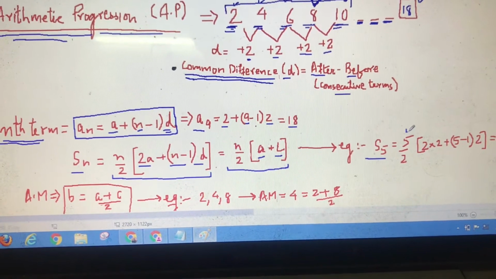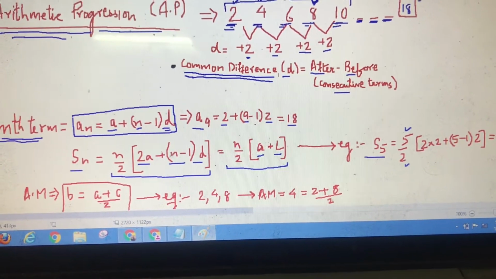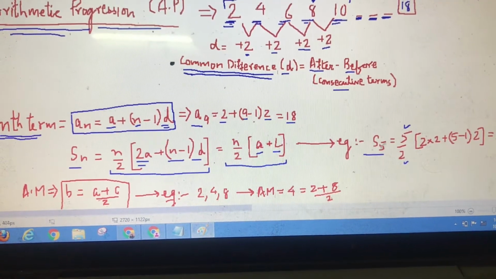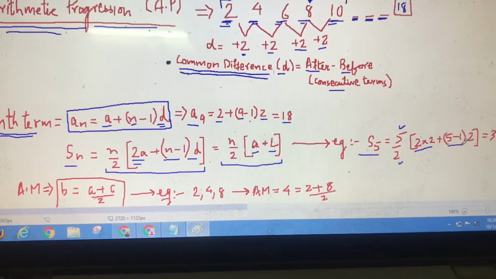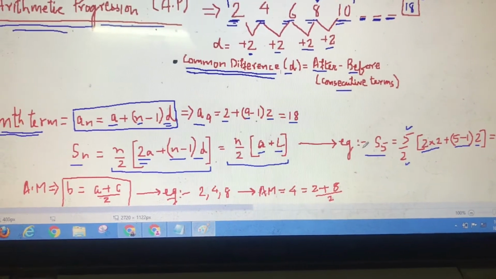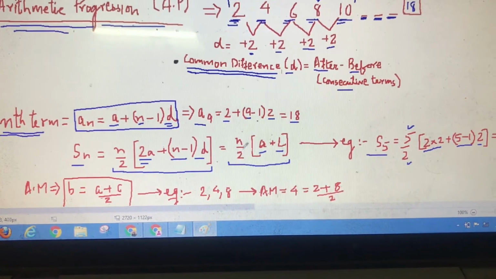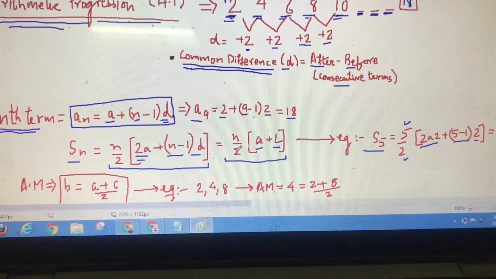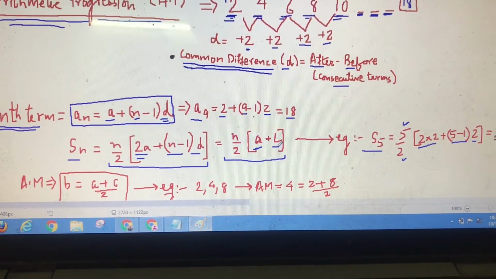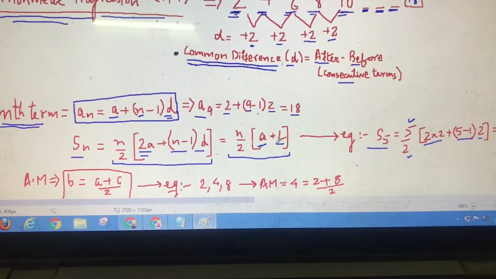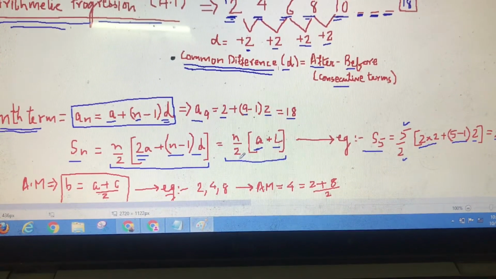Using the first formula, this is 5 upon 2, because n upon 2, into 2 into 2, twice a, plus n minus 1 into d, which is 30. Also if you use the second formula, n upon 2, which is 5 by 2, first term is 2, last term, the fifth term, is 10, so 2 plus 10 is 12. 12 into 5 upon 2 will be equal to 30.